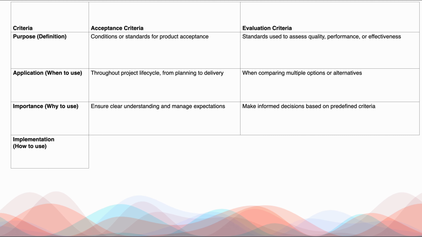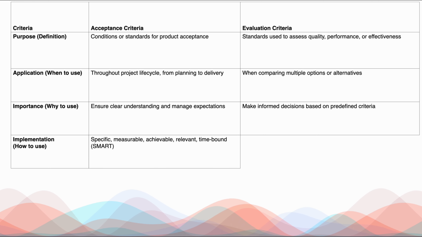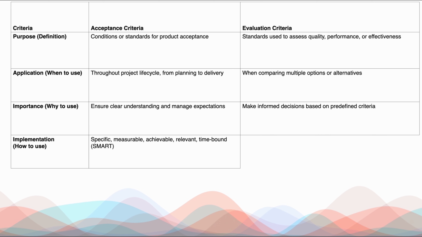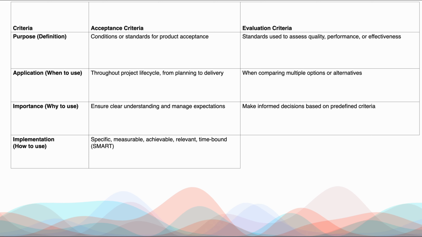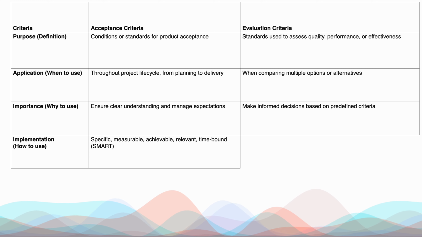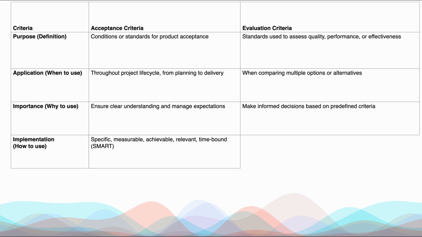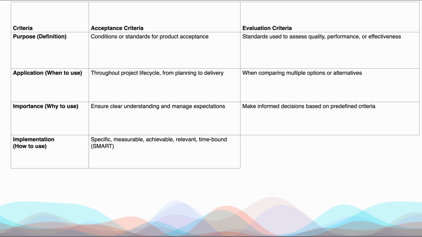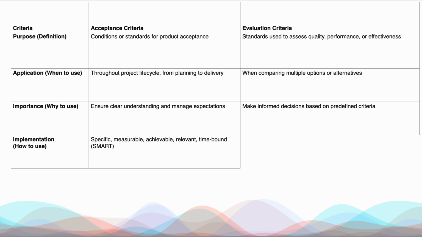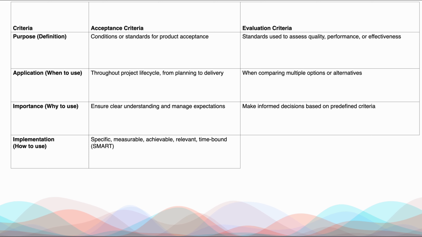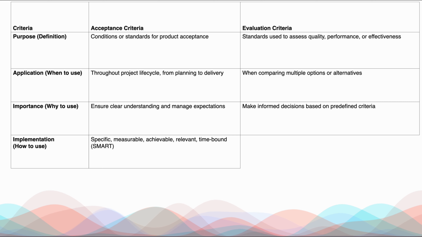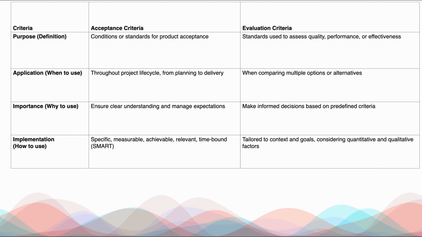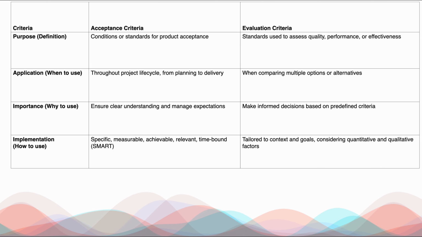Implementation: how to use evaluation and acceptance criteria. While doing acceptance criteria, for any requirement you get, you need to use the SMART framework, which is specific, measurable, achievable, relevant, and time bound. We will discuss this in more detail in the next video, but for now, understand that the SMART framework can be used to implement acceptance criteria. How do you implement the evaluation criteria?